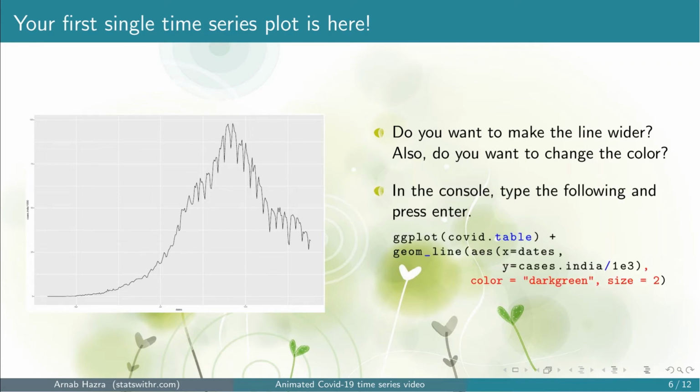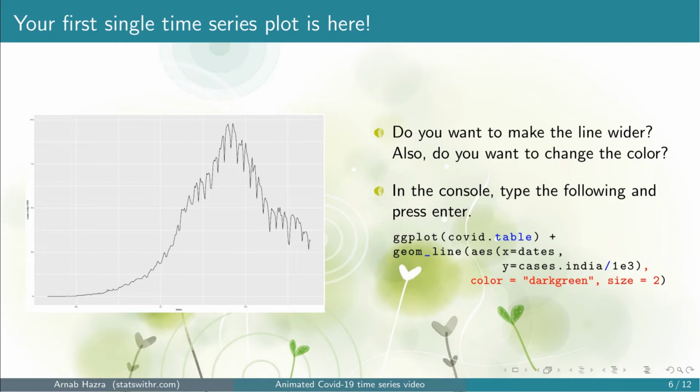To change the color within geom_line outside aesthetics, add color equals "darkgreen" within quotes. This changes the color of the line from black to dark green. If you want some other color, choose accordingly.